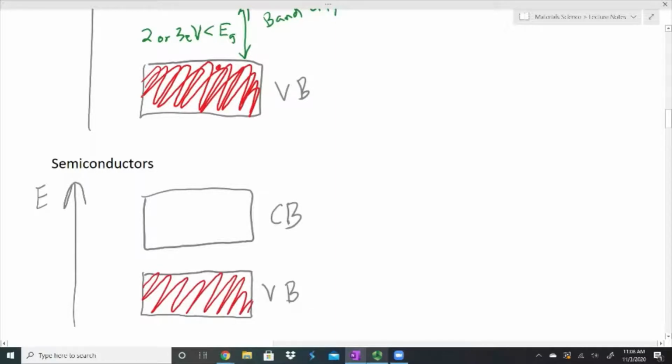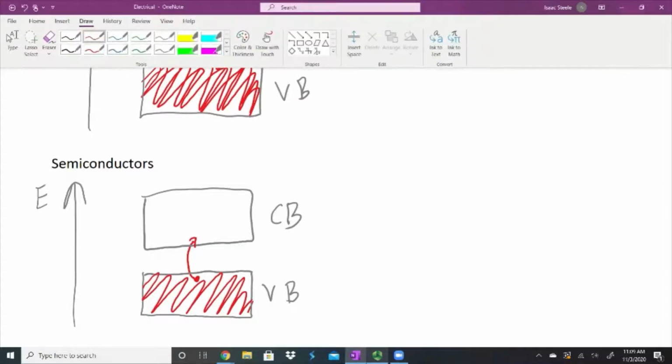And so if I want to promote an electron, if I give it a tiny bit of energy, nothing's going to happen. If I give it a little bit more, nothing's going to happen. But the band gap is small enough that I actually could promote an electron if I can add that amount of energy to the system, and the system won't burn before that happens.